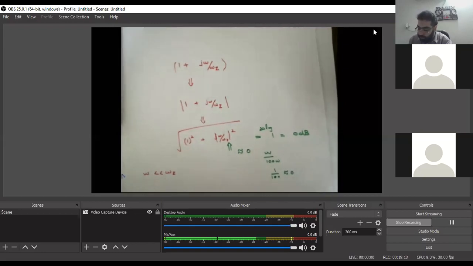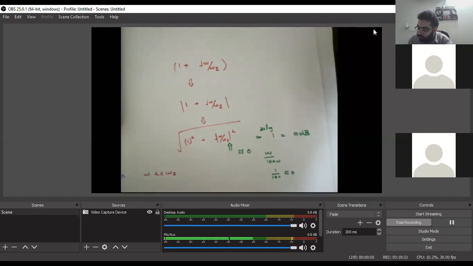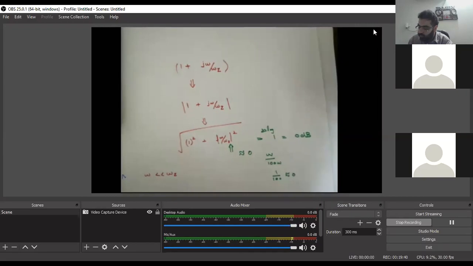If we put omega equal to, let's say, 10 times omega z, it's going to be 100. So we can ignore 1 as compared to 100. This means I can safely write this as omega by omega z, 20 log. That's what we are drawing.